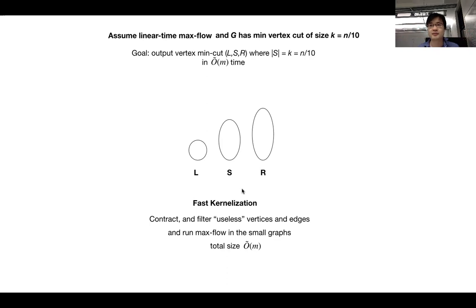So basically, it's a pre-processing by contracting and removing edges and nodes so that the resulting graph is very small and still preserves the connectivity somehow. But we want to make sure that the total size is also near linear.